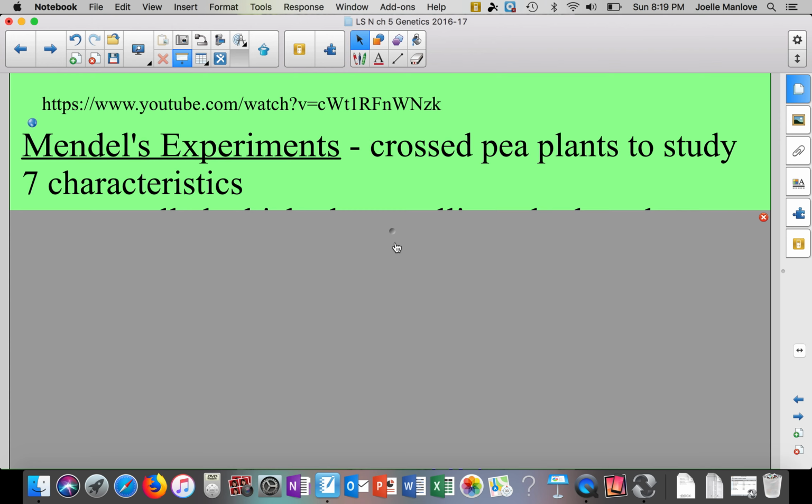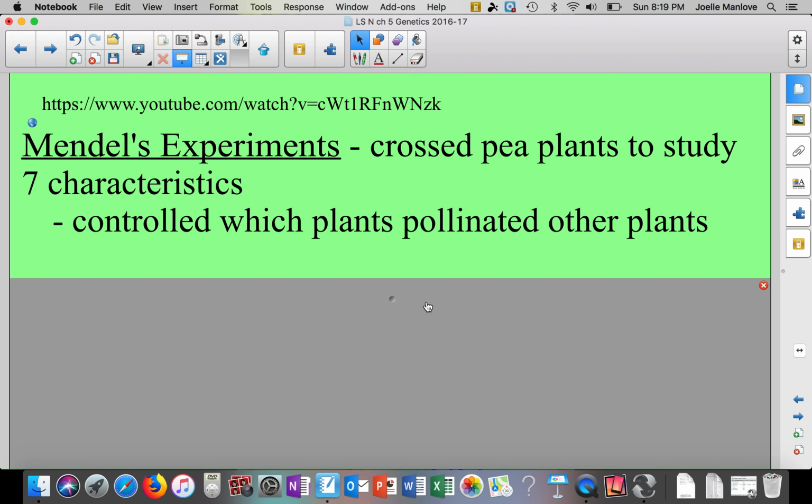So there are 7 of those things. What he did was he controlled which plants pollinated other plants. Remember, for plants to reproduce, you have to have pollination involved. We'll talk about a couple of different kinds of pollination in relation to Mendel's experiments in a couple seconds.